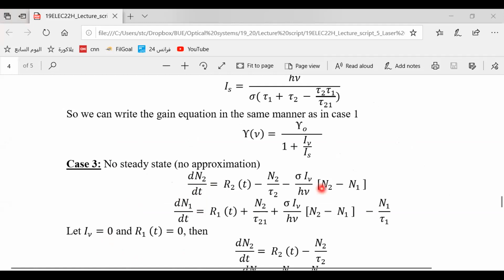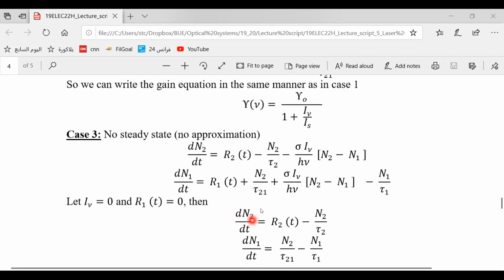Now, if I put these two assumptions, this now means that we don't have this term, and also we don't have all these terms. And then dn2 by dt is equal to R2 minus n2 over tau 2, as you can see here, and dn1 by dt equals n2 over tau 21 minus n1 over tau 1.